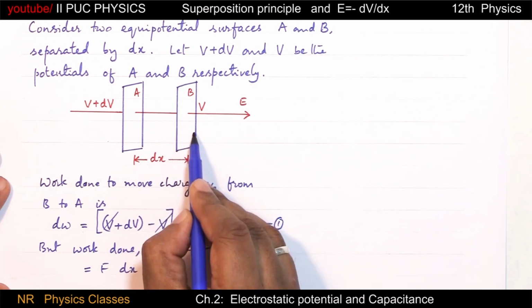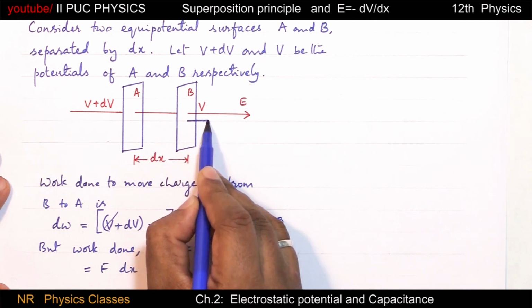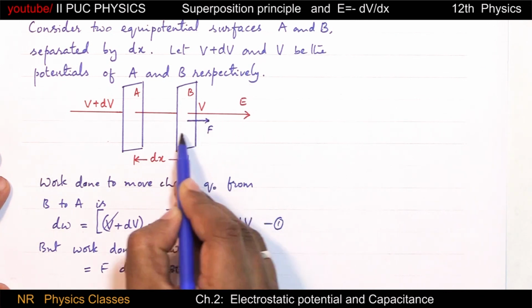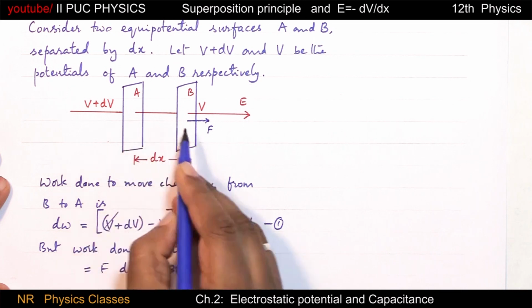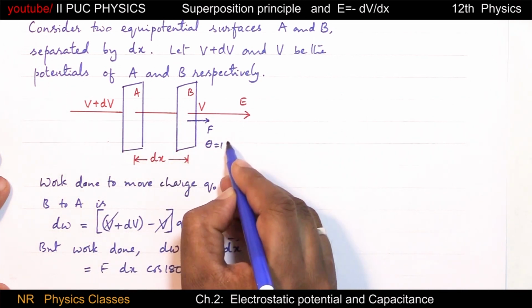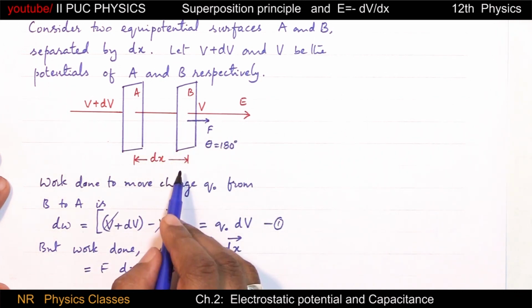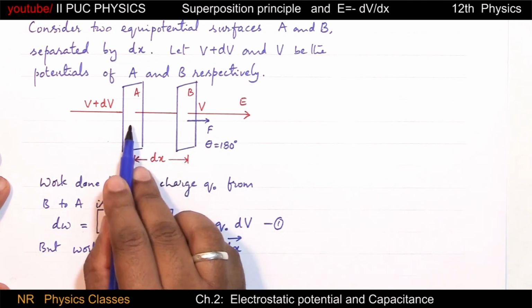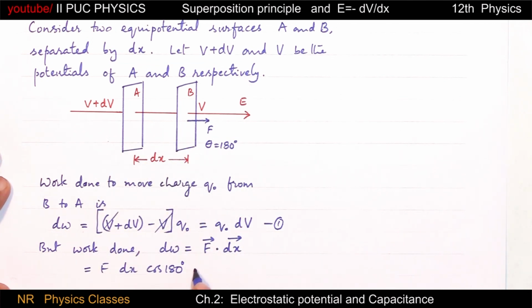So the force on Q0 is to the right. This is the direction of force. This is the direction of displacement. Therefore the angle is 180 degrees. Displacement is from B to A. Cos 180 gives minus F into dx.